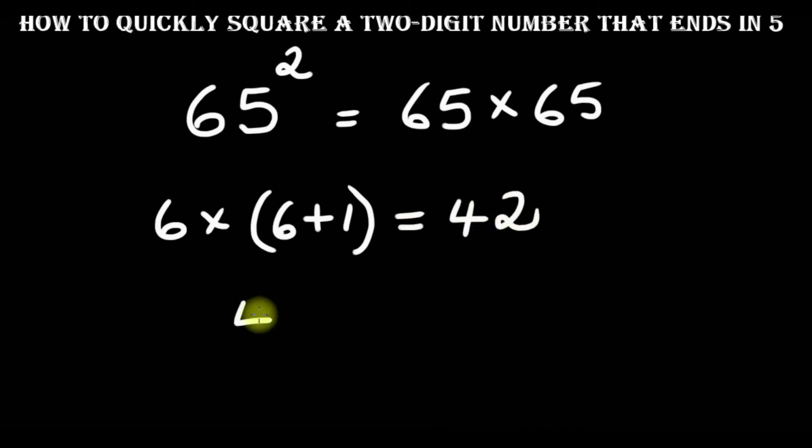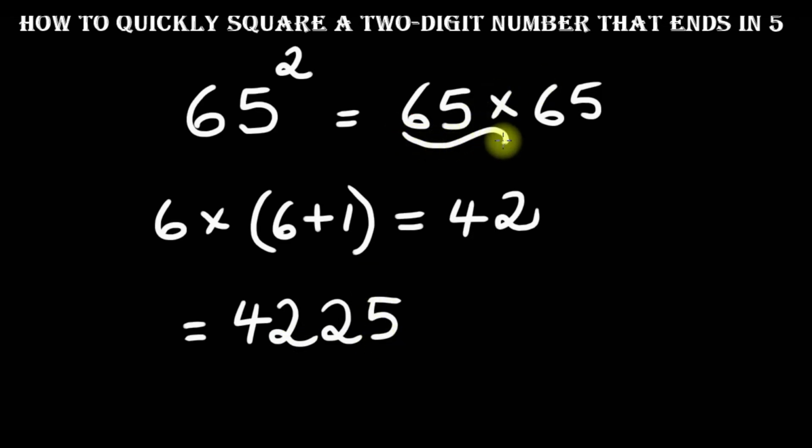Then you write 42, and then the last two numbers are 25. So when you take 65 squared, you get a very large number, 4,225.